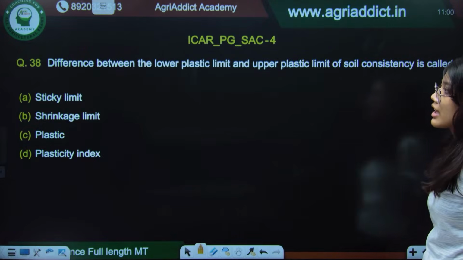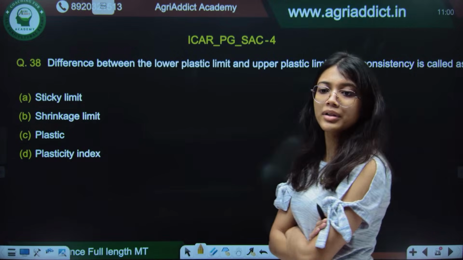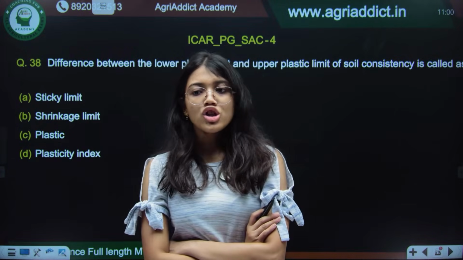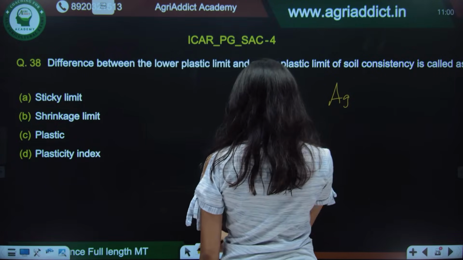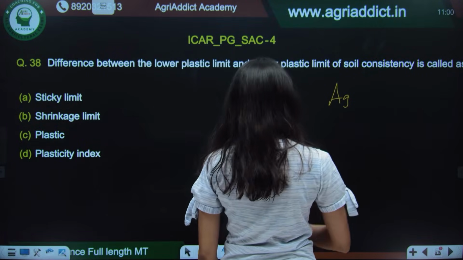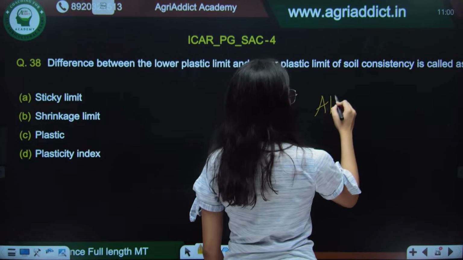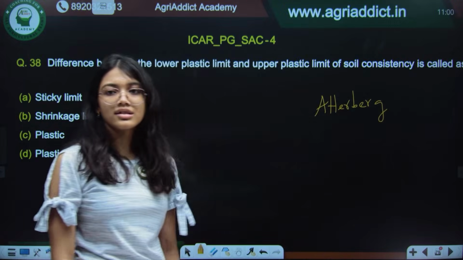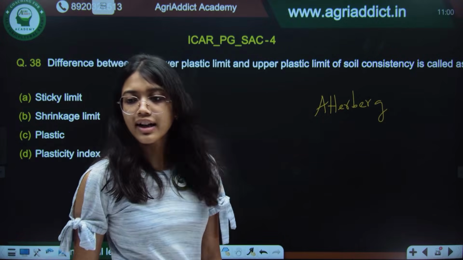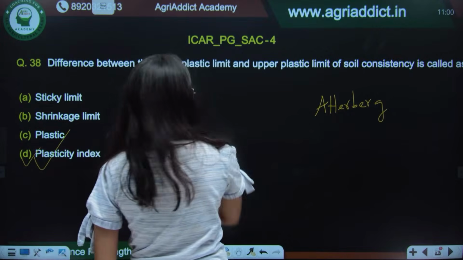Okay. Next, the difference between the lower plastic limit and the upper plastic limit of soil consistency. So, we all know that this consistency series was given by Atterberg. Okay. So, Atterberg gave his consistency series. Yes, okay, Vangala is writing option number D. Very good. It is plasticity index. So, why?